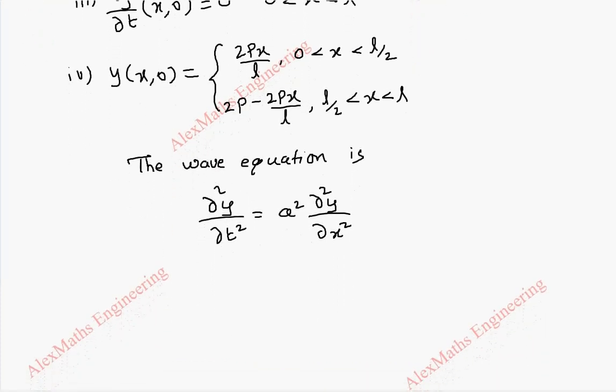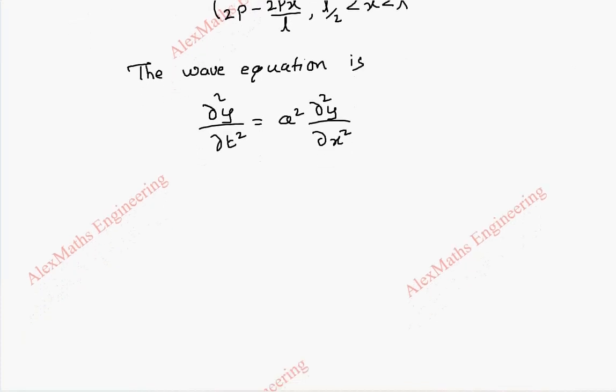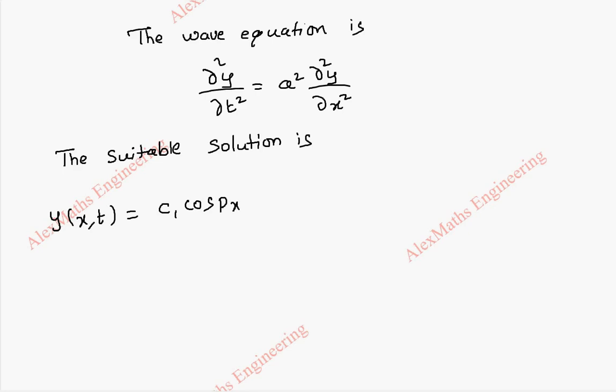So according to this equation, we have three types of solution, but we are going to take the suitable solution for these boundary conditions. The suitable solution is y(x, t) equal to (c1 cos px plus c2 sin px) into (c3 cos pat plus c4 sin pat).